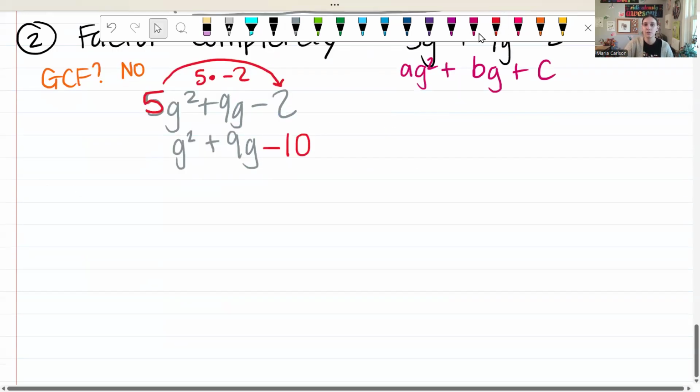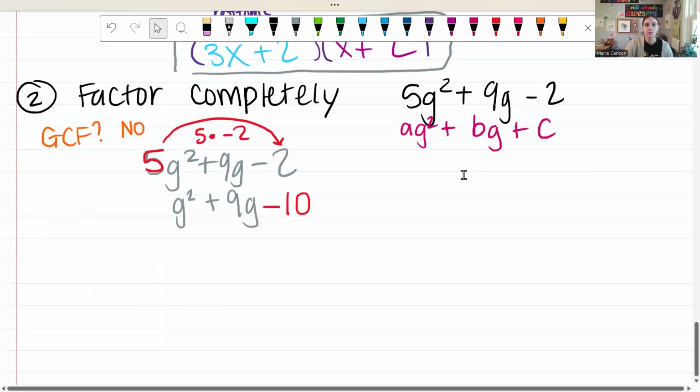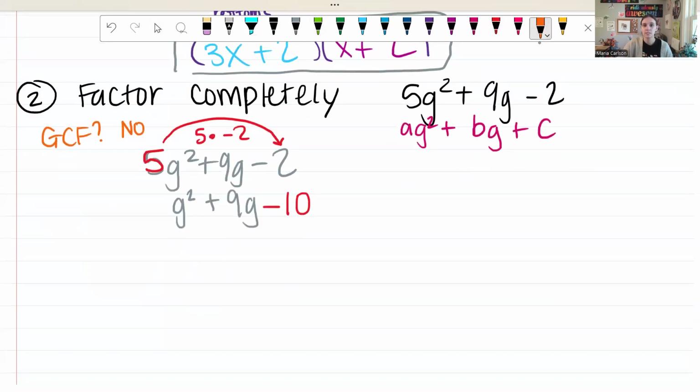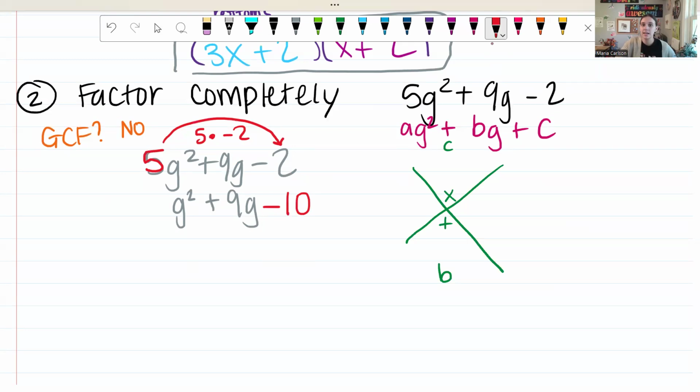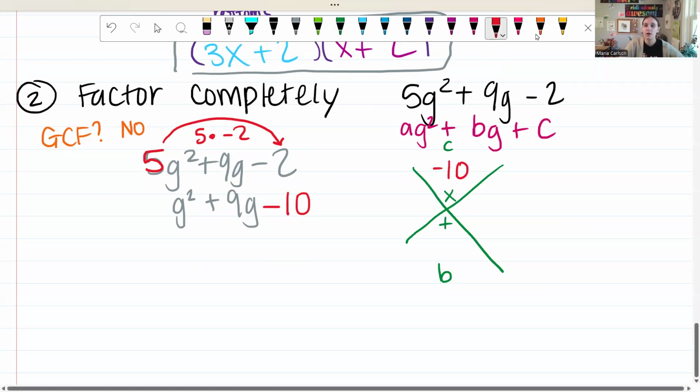Now I have a trinomial that I can factor, and so I can use the x factors for this. We're going to find numbers that are multiplying to c and adding to b. So our c value here again is -10, and our b value is 9.